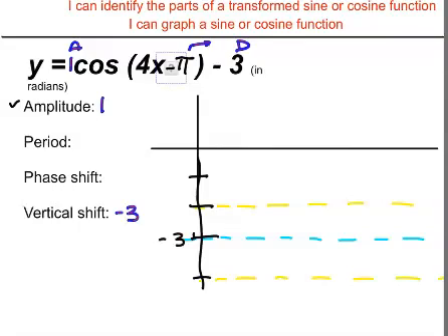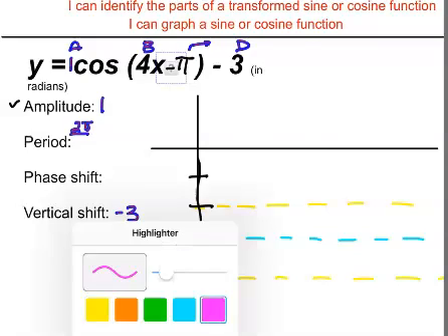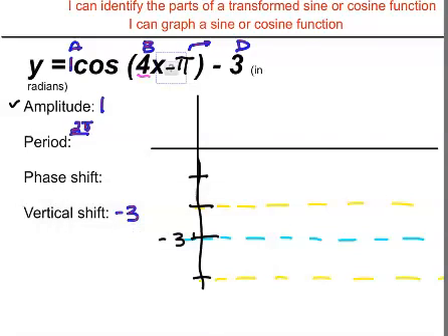But, of course, it's going to get worse here because we've got 2 different things. First of all, we have a B, which is 4. So my period is always either 360 over B or 2 pi over B. So my B in this case is 4.